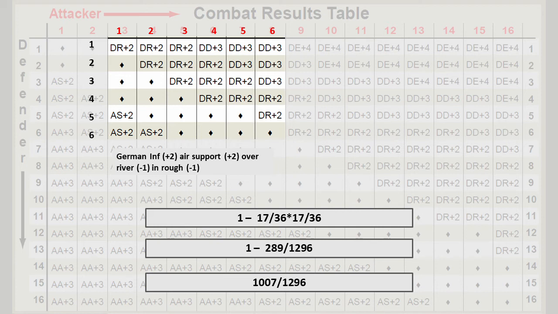What you do is you take the chance of failure, you multiply the two chances together, and you subtract it from 1, and that gets you your final answer, which is 1007 in 1296. And that's way better than your chances of succeeding on the combined attack, which, remember, were 24 in 36, about 2 in 3.